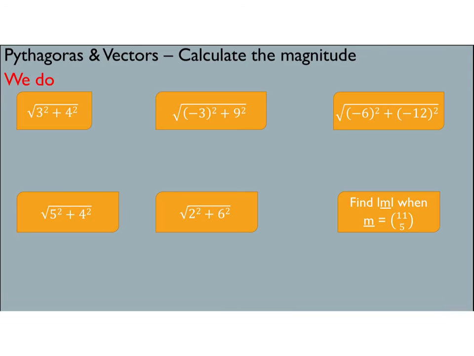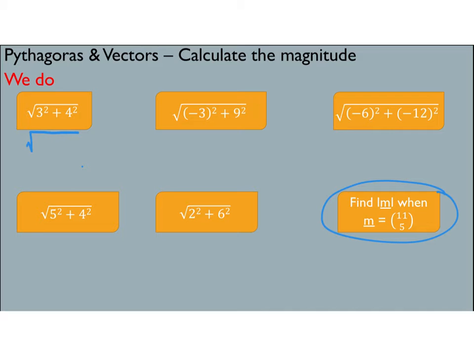Right, so we've got some examples here. These are just, like I've said before, helping us to build up to being able to find the magnitude, which is that last one there. When we do these, we need to think about Pythagoras and BODMAS. So I'm going to tidy up what is underneath my square root.